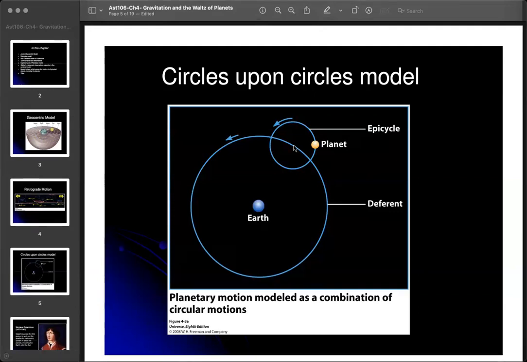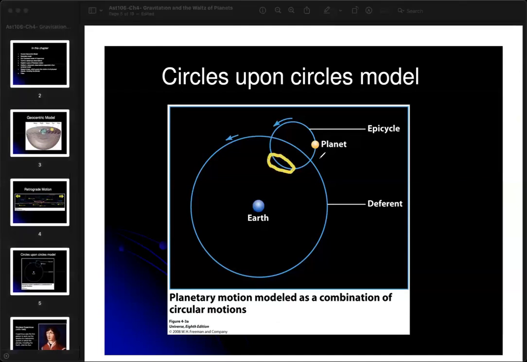And what that means is that when the planet is on the inner side of the epicycle, the combination of the forward movement and the backward movement, the motion on the epicycle wins. And so for some time, it looks like the planet is moving in a backward direction.